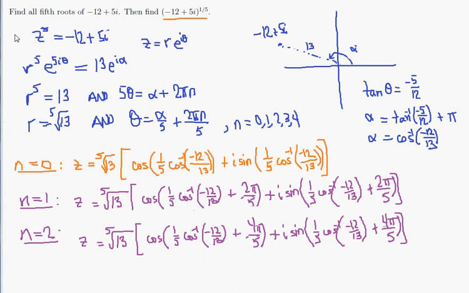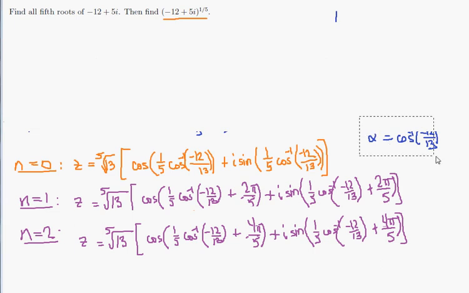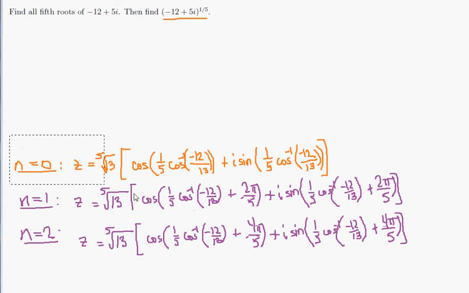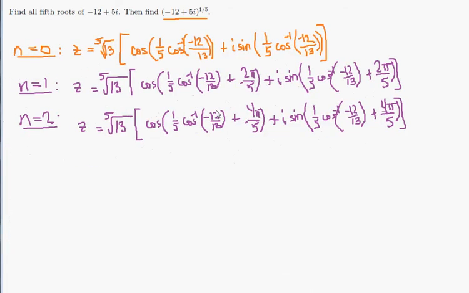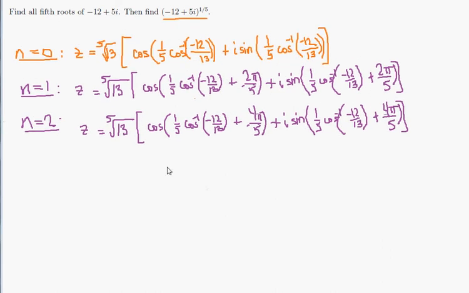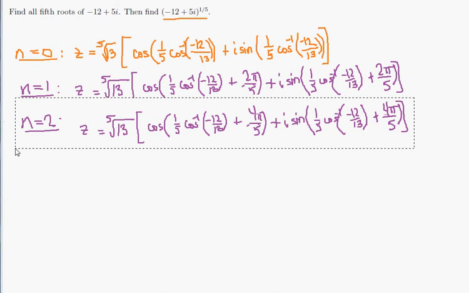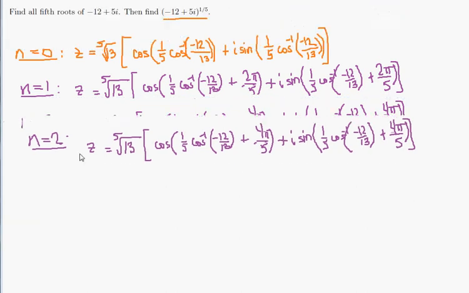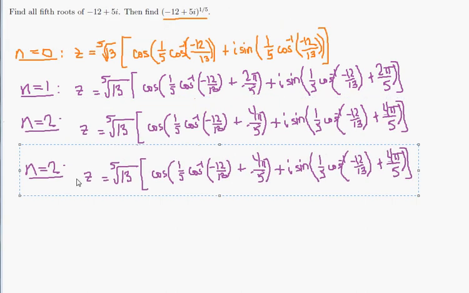And by now hopefully you can guess what's going to happen for n equals 3 and n equals 4. So let me clear some space so that we have room to put this. So the n equals 2 case, let me copy that and paste it twice.